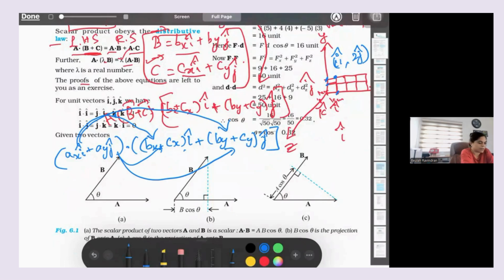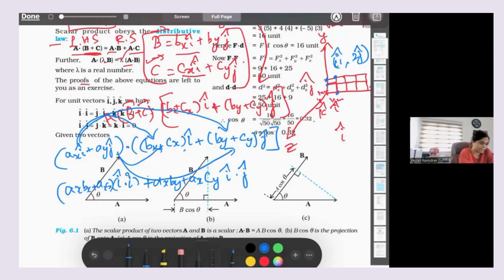So that means i dot i you'll be getting for the first one ax bx plus ax cx i dot i. Next one is plus ax by plus ax cy i dot j. You'll be getting four products, so I will write only two products and explain.